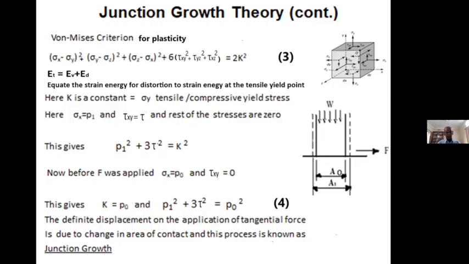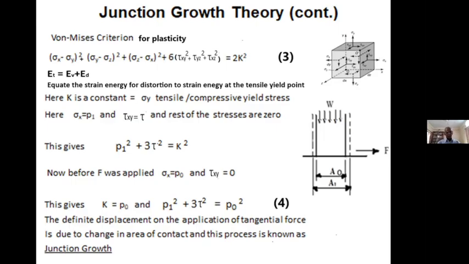The rest of the stresses are 0. If we put this in equation 3, we get P1 squared plus 3 tau squared is equal to K squared. So this is an equation that applies to the flattened asperity as shown in the figure below here.